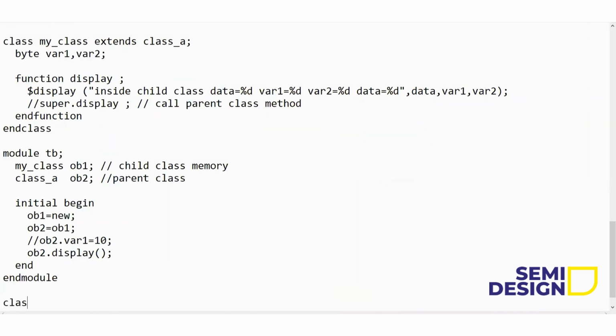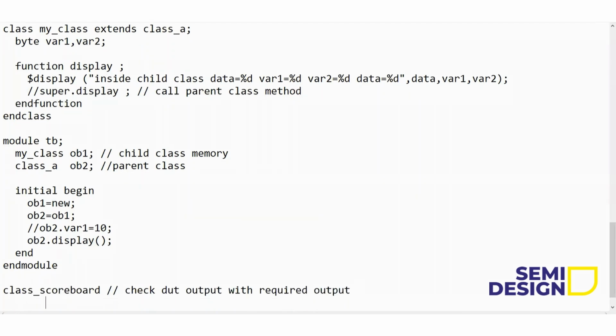Let's say I have one class, scoreboard. Inside this scoreboard class, I check the DUT output against the required output. In the class code, we simply mimic the behavior of the DUT, how the DUT should be behaving.